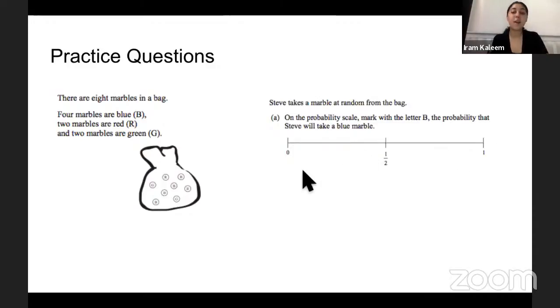If you want, you could draw out a scale and mark it on, but you don't have to do that. As long as you get the probability, we can mark it on the scale on the screen. So work out the probability that Steve will take a blue marble, and then I'll mark it on the diagram.